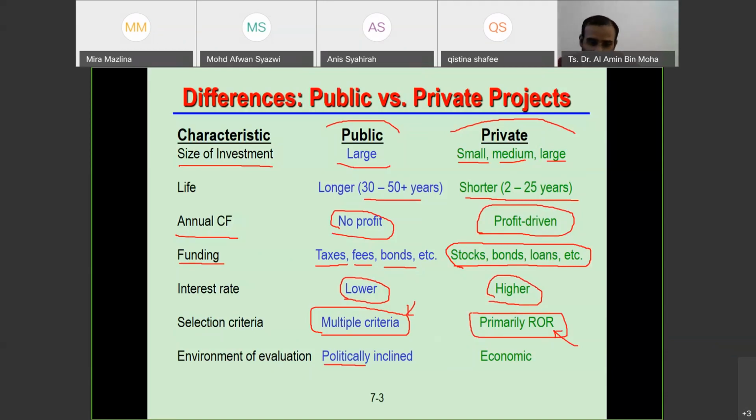If it's closer to election time, we are going to see many offers from the governing bodies, the governing parties, promising this and that. Of course they have different views, but it's also considered as a criterion. They need the people's vote, and the private is economic based.